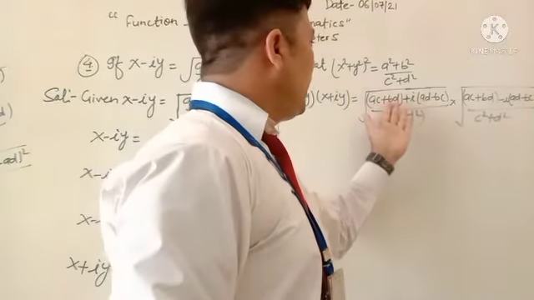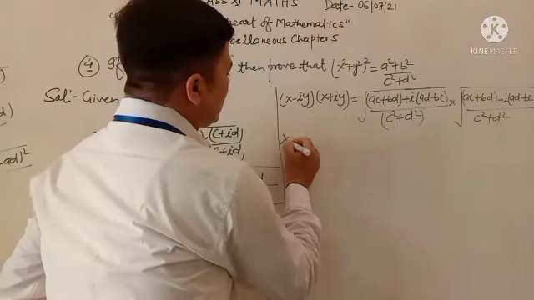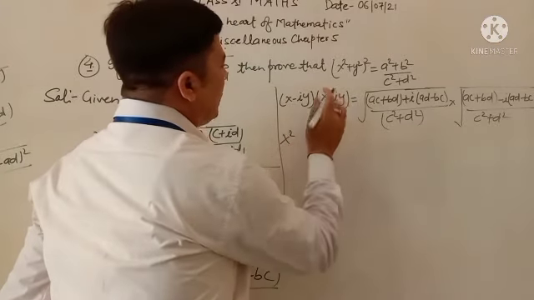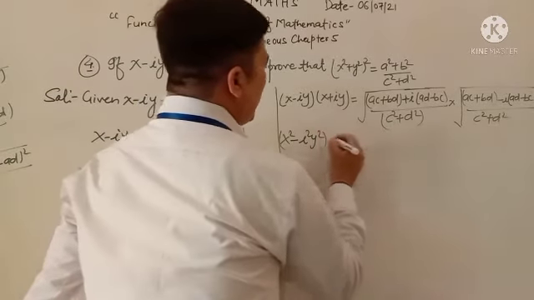This is (a plus b)(a minus b), which can be written as x square, and it is written as minus i square y square.